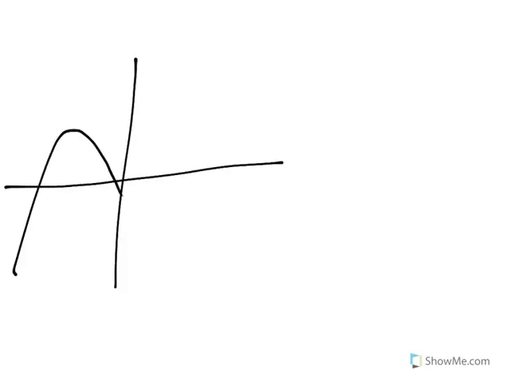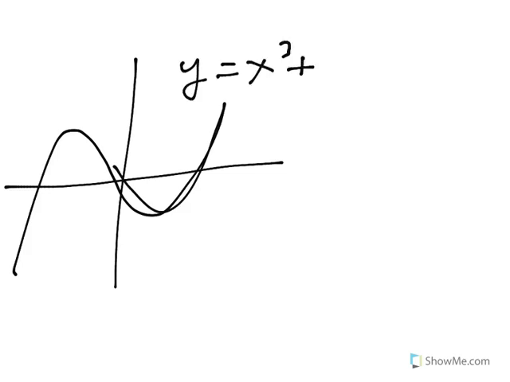Here's an example of a cubic graph. It's y equals x to the third plus 3x squared minus 24x. There is a formula for finding the coordinates of the turning points of a cubic curve, and I'm not going to explain where this formula came from because the easiest way to explain it requires calculus.